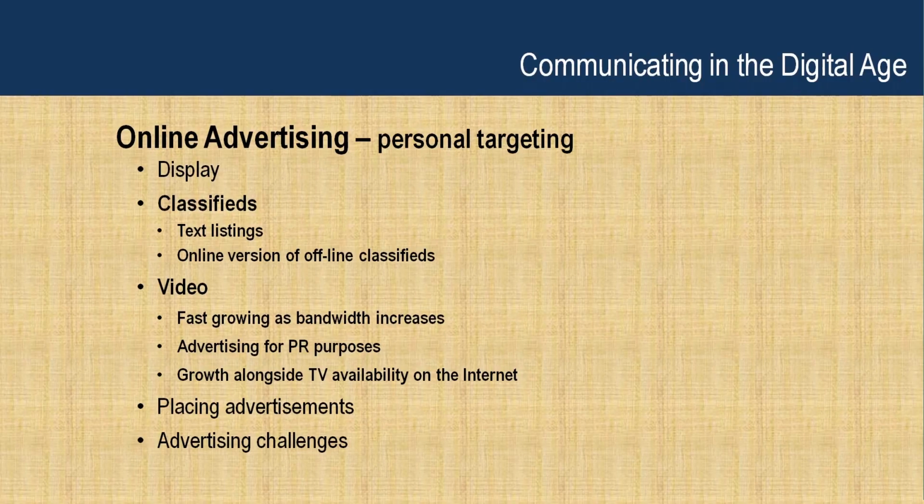Just like in a physical classified publication, you can have different kinds of text listing, you can have some photographs with some text. So, the online versions are also available. There are various kinds of sites like Sulekha and so on. They function as online classified ad publications.